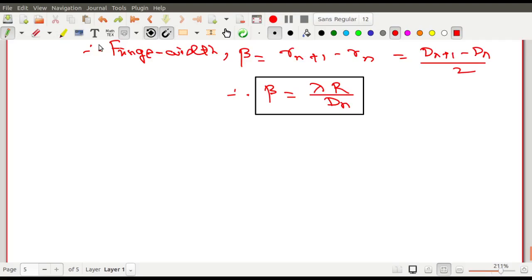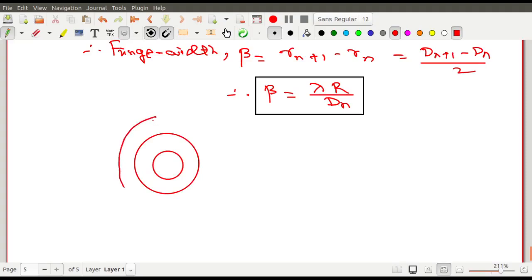If you have seen it, it's fine. If not, it's an injustice to you that you couldn't see all the features of this Newton ring. If you have done the experiment, that's fine. As you are moving towards the outer rings, you will see that the separation decreases gradually. If this is the first ring and this is the second ring, then for the third ring the separation will decrease.